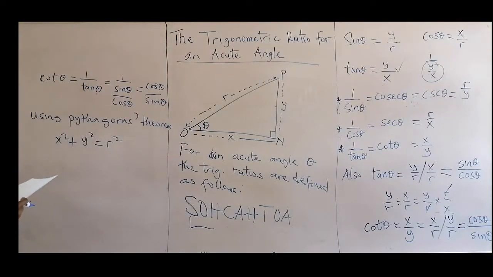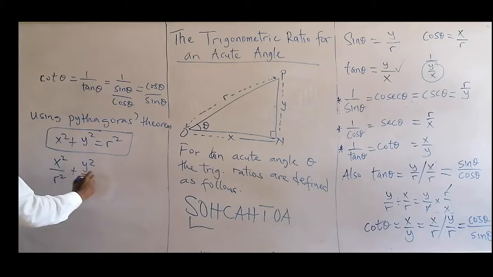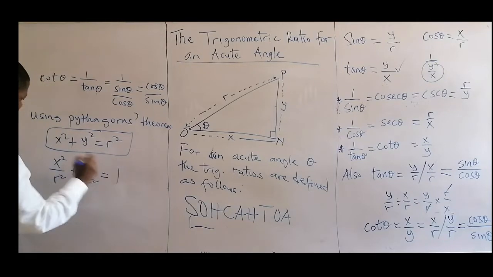So with this established from Pythagoras, we can divide through by r squared. So you have x squared over r squared plus y squared over r squared equal to 1.